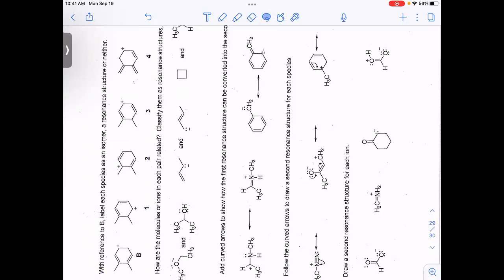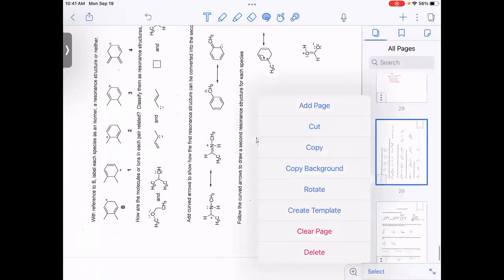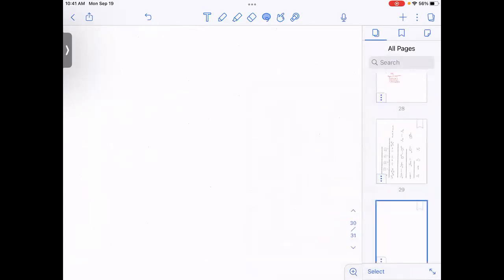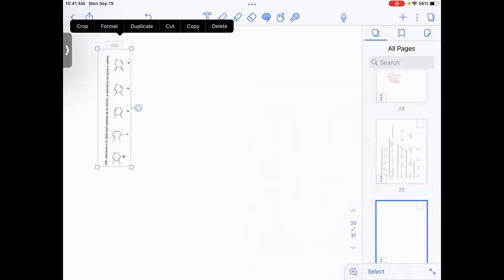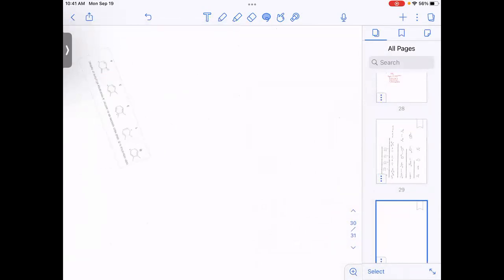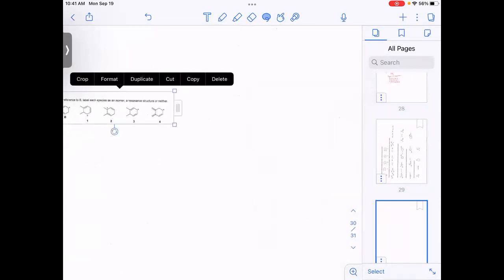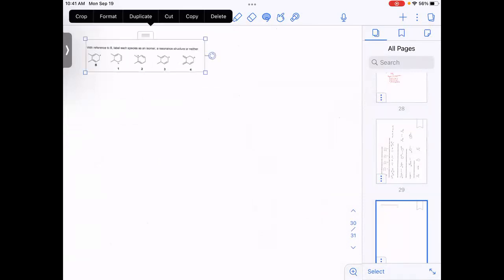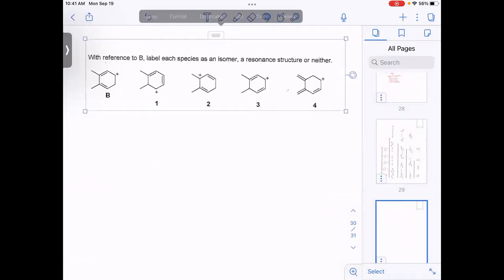I think I can turn it if I add a new page. All right.